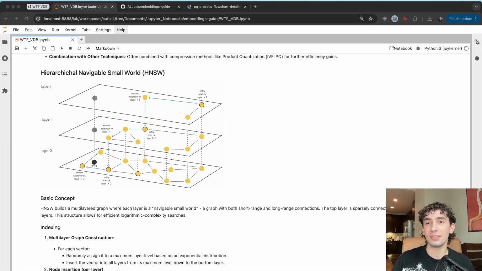The indexing process then goes as such. Each embedding is assigned to a node, and the node has a maximum layer that is assigned by this exponential distribution. Starting at that top layer, the node is placed in, and then it is compared with the nodes around it to find the nearest points to it using these distance and similarity calculations. This takes a bit of a greedy search approach, so it'll look through all of them and then insert and replace until we find the n number of connections that we want to make to that node on that layer. And then from that, we make bidirectional connections.